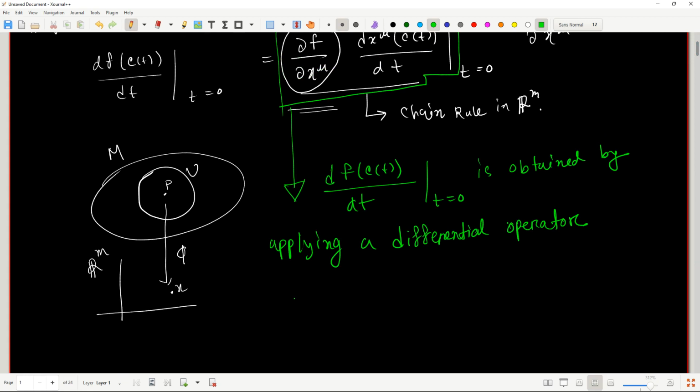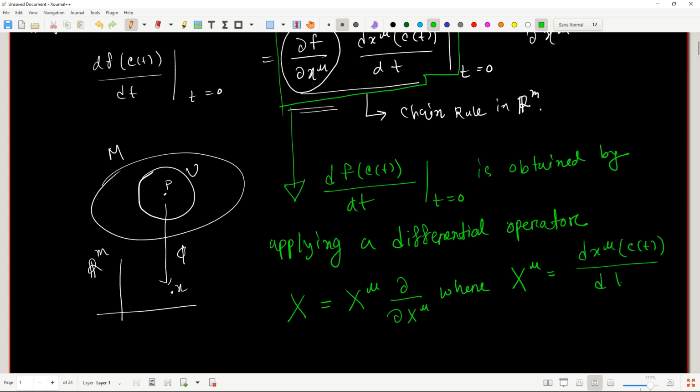Let's call the differential operator X. This is the differential operator we're talking about, which is denoted by X mu del of x mu, where capital X mu is dx mu of c of t with derivative with respect to the parameter.